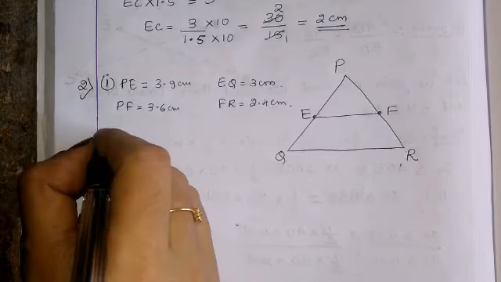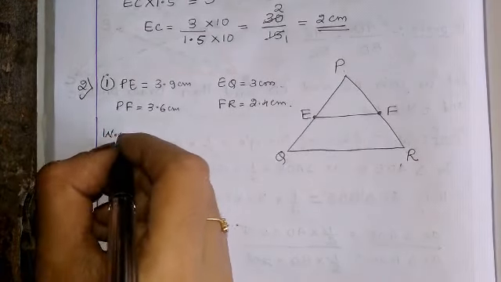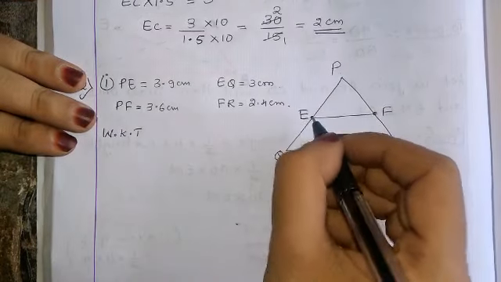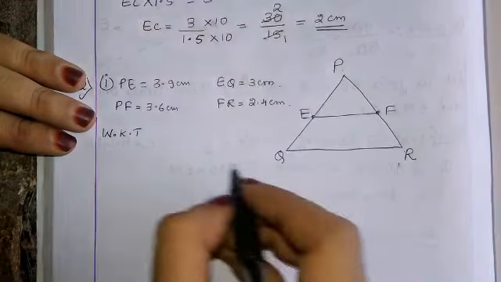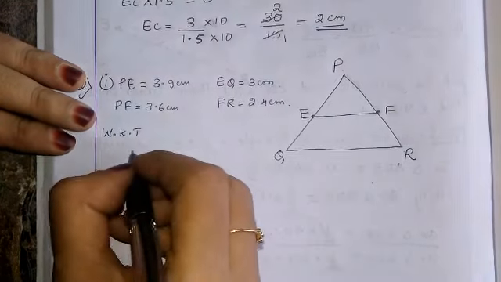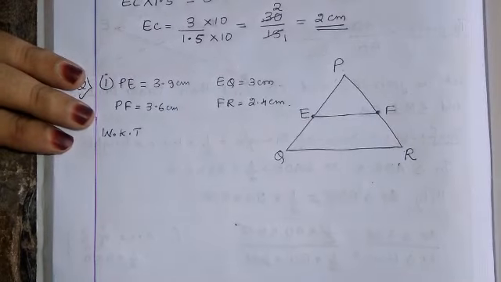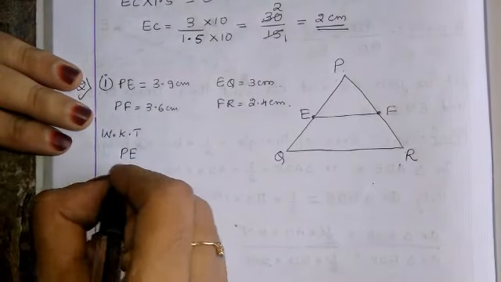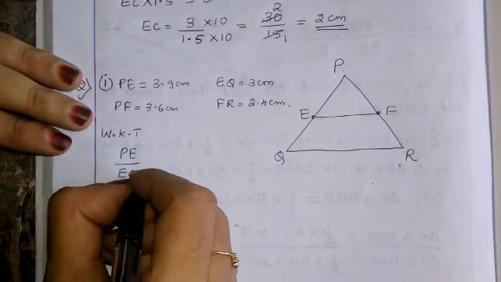How do we have to prove this? See, we should check whether this by this and this by this are equal or not. By BPT, I'll take PE by EQ. PE by EQ.